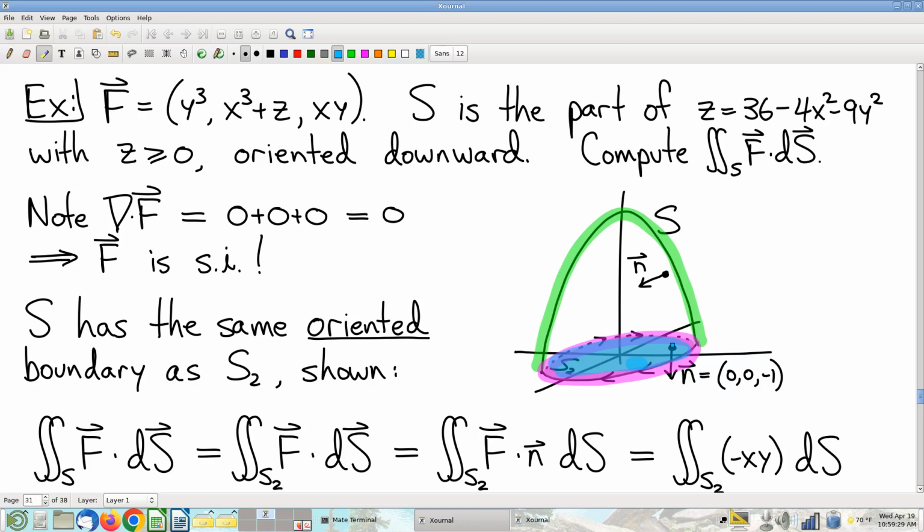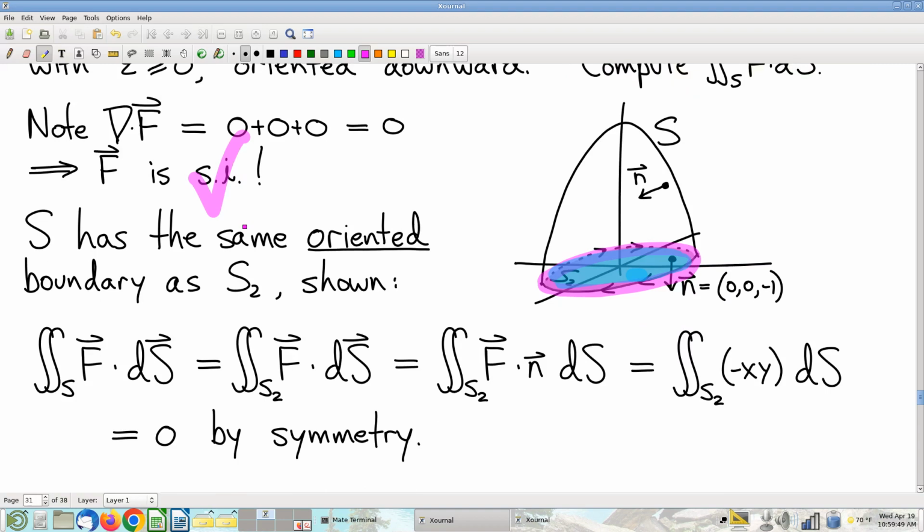Okay. So, cool. Phooey on the original surface. I don't like it. Now that I realize that I have surface independence, I can pick any surface I want. I don't like the original one. I'm going to pick this nice flat blue one, and then the problem just becomes a lot easier.